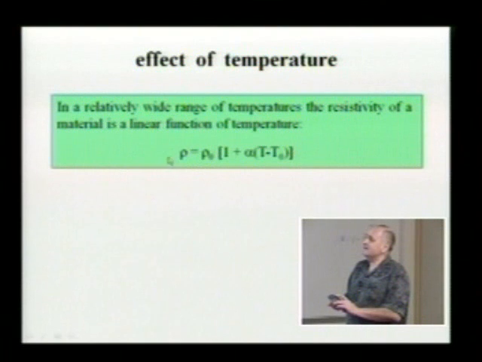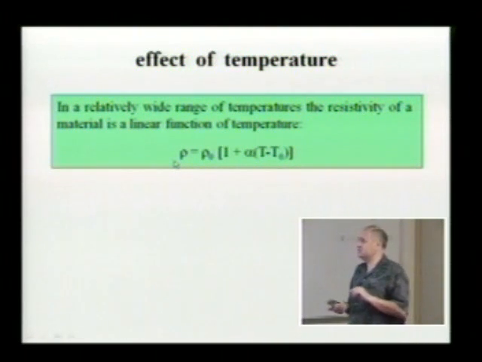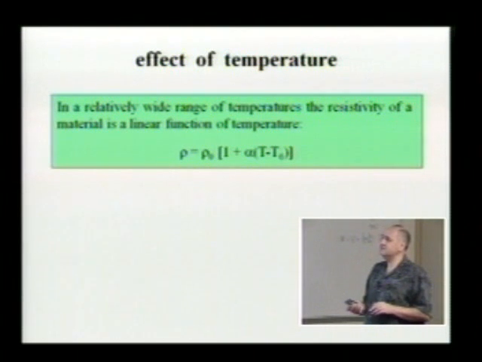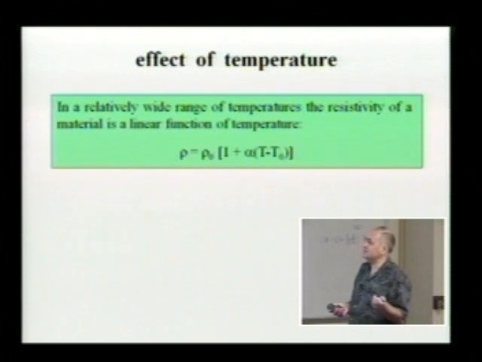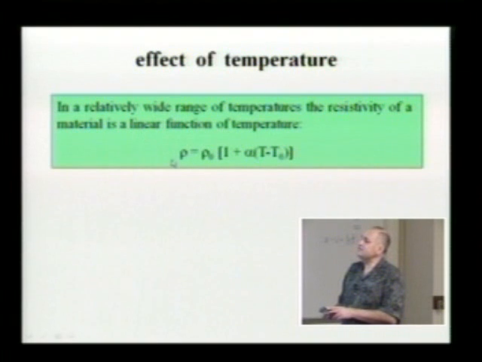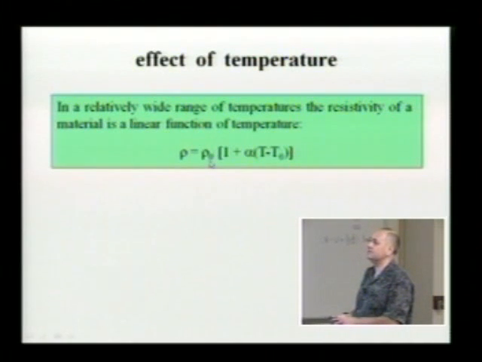In general, we live in a very narrow range of temperatures, so for a lot of quantities we can approximate dependencies with a linear function. For resistivity, we can write that the resistivity at an arbitrary temperature is equal to the resistivity at a particular temperature, and for this we usually choose room temperature. So this is the resistivity at room temperature.